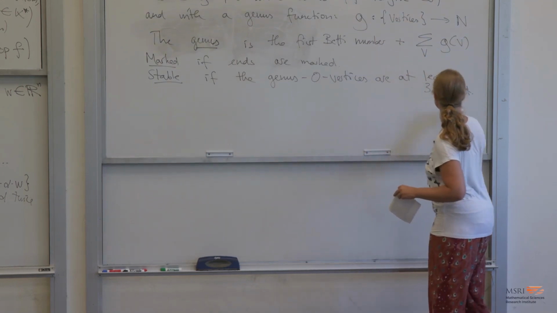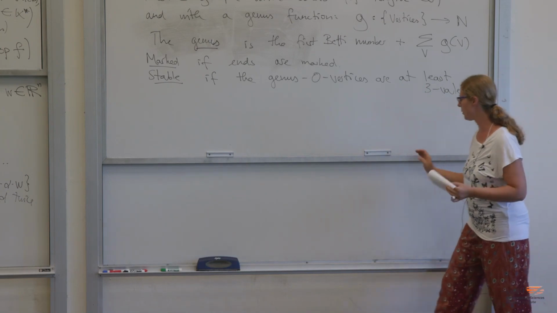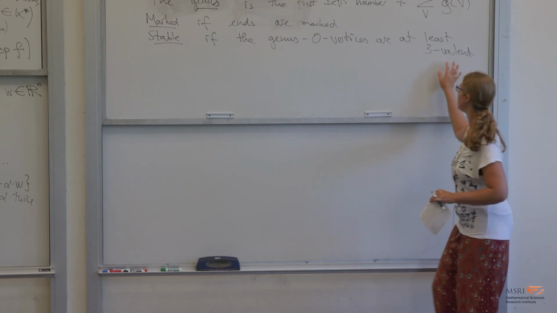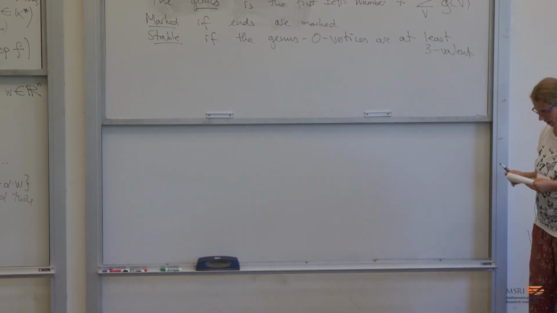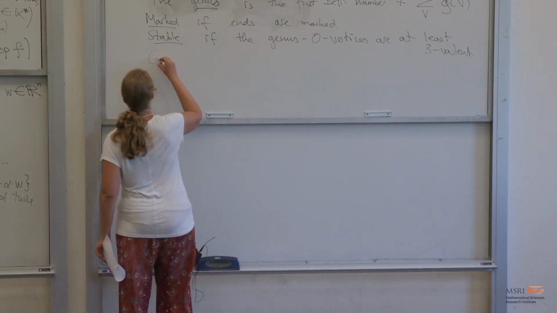I know some of you use degree instead of valency. In the tropical world, use of valency is very common, so let me stick to it. But of course, you can translate to degree or cubic, as you like. Okay, and then the combinatorial type.